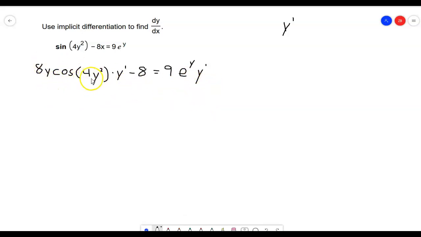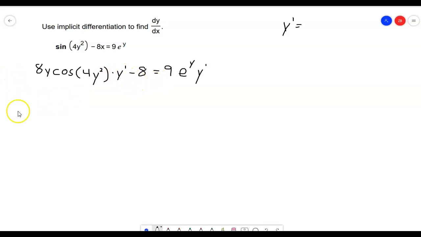All right, so this here is what I get when I take the derivative of each term. And every time I specifically took the derivative of a y, I multiplied by a y prime. Why did I do that? Because I want my final answer to be y prime is equal to something, right? So now my next step is I want all my terms with y prime on one side.